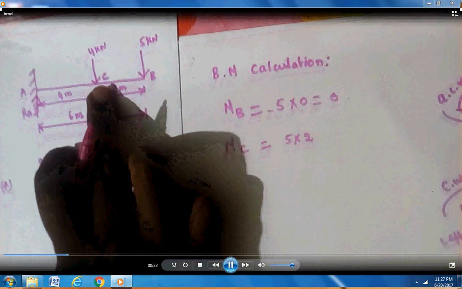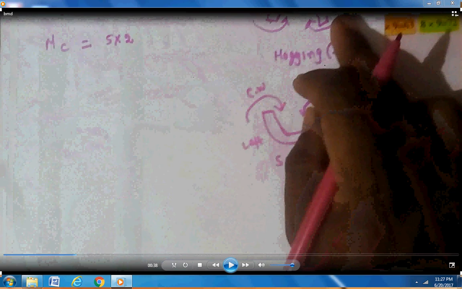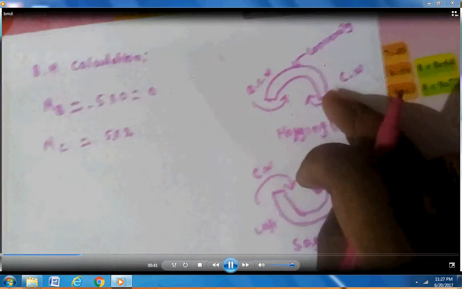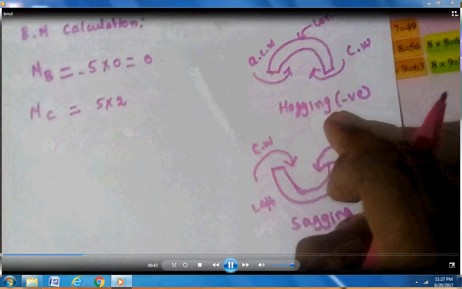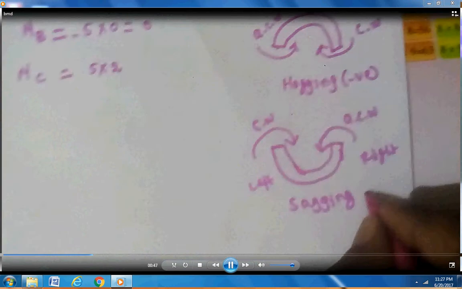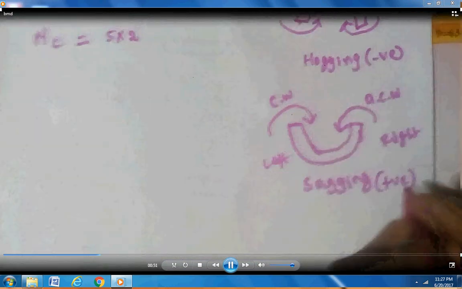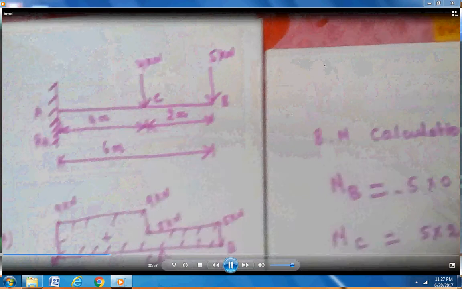Here, to the right of the section, clockwise negative and anti-clockwise positive. So right of the section, 5 into 2.